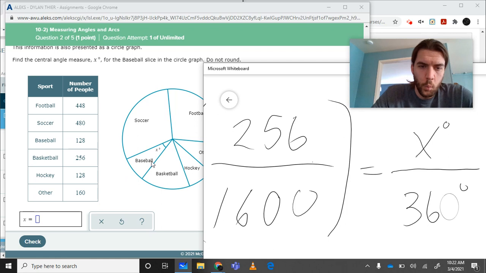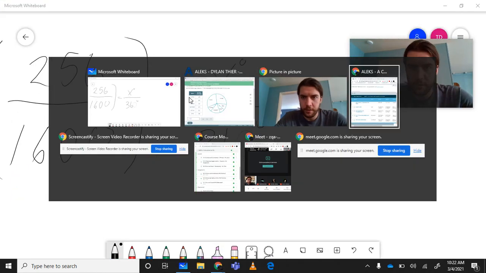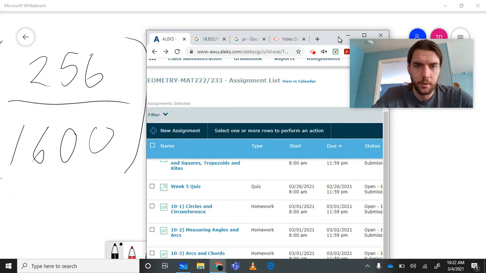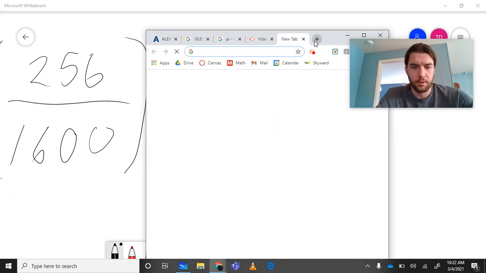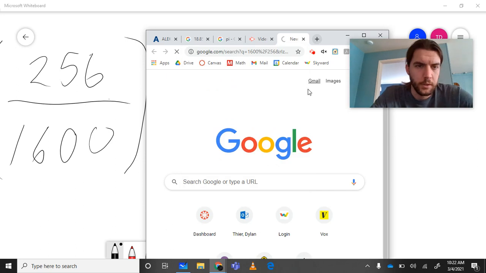So if this is 1/12 of the amount of people that are represented, if it has 1/12 the area of the graph, then we would expect that it would also have 1/12 of the entire 360 degrees. Now, I'm just saying 1/12. I don't know if that's a perfectly accurate number, so we'll check real quick. And actually, I'm going to do it the other way around first.